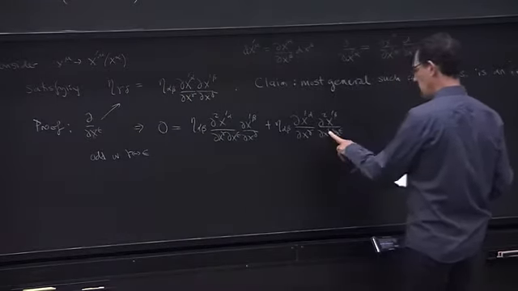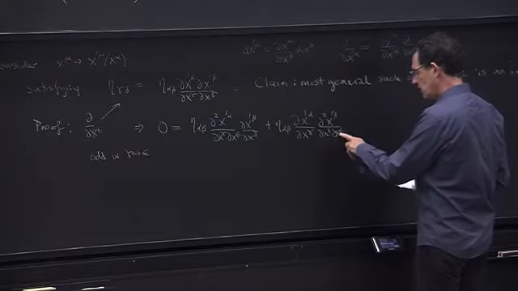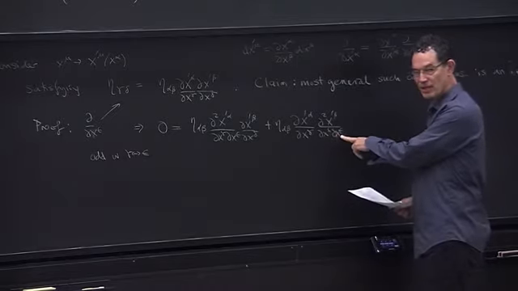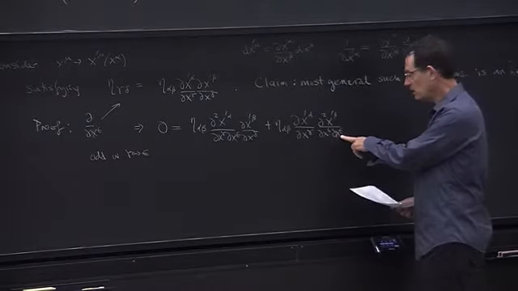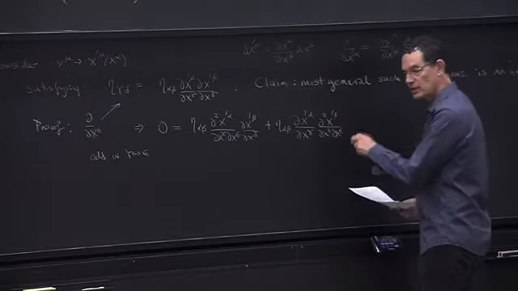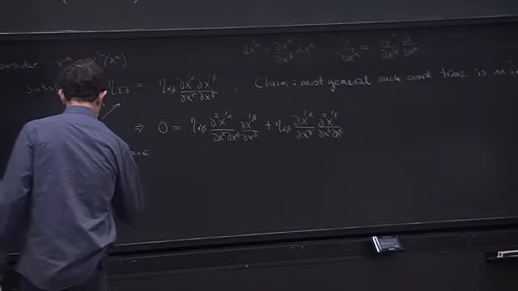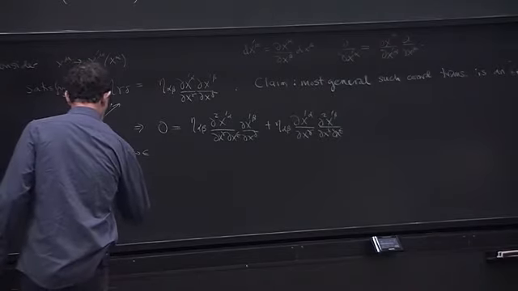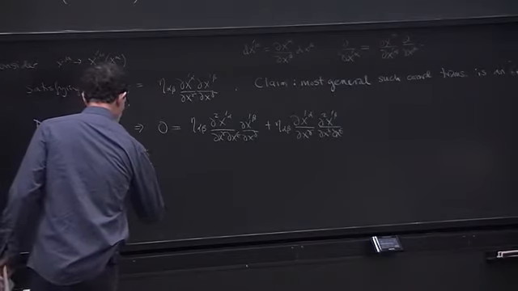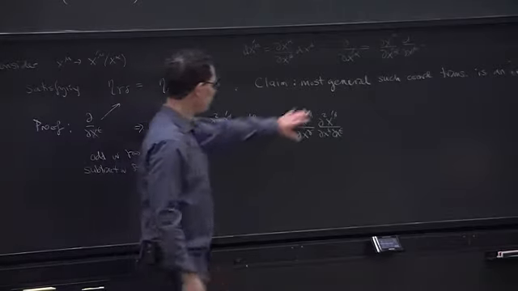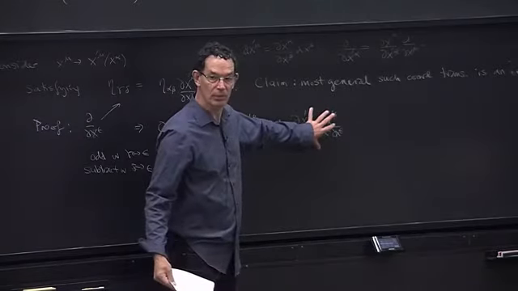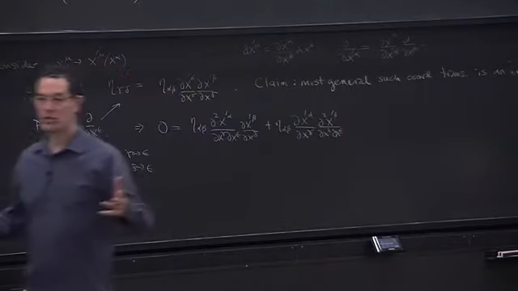This term is symmetric under delta goes to epsilon, and I want to get rid of it. So I should subtract the equation with delta goes to epsilon. That at least is going to cancel this term.